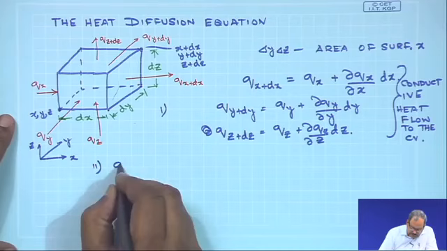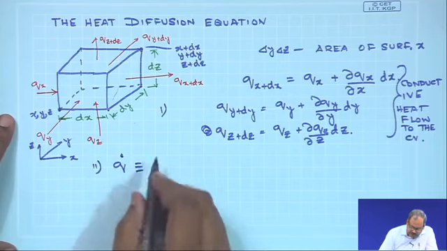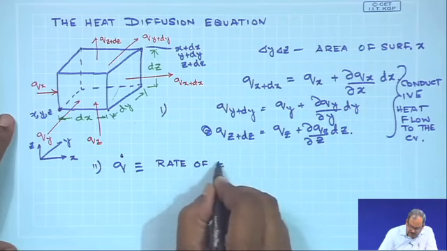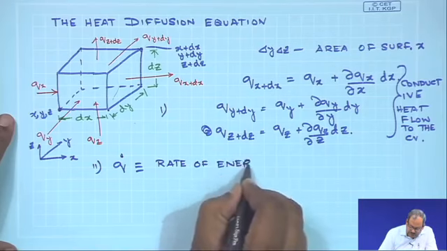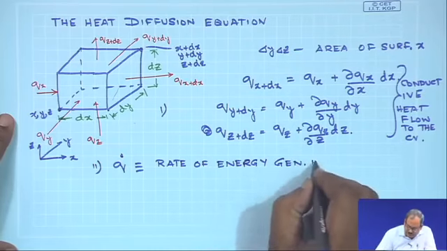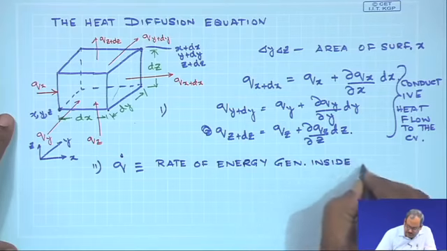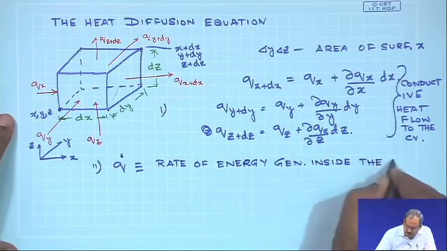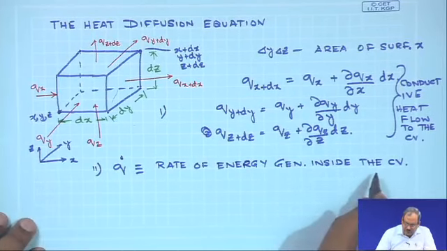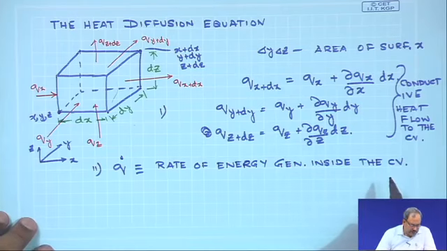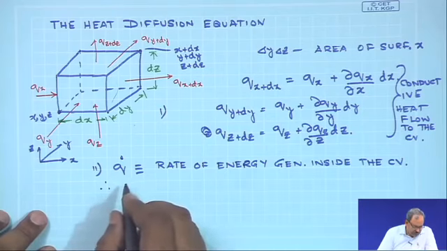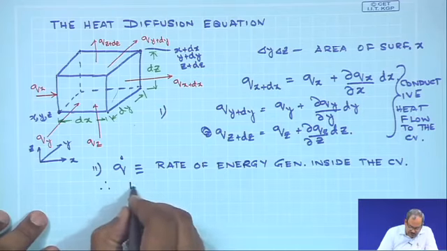Secondly, let us assume that q dot is the rate of energy generated inside the control volume. And as I have mentioned before, this could be for various reasons, from electrical heating to nuclear heating and so on.